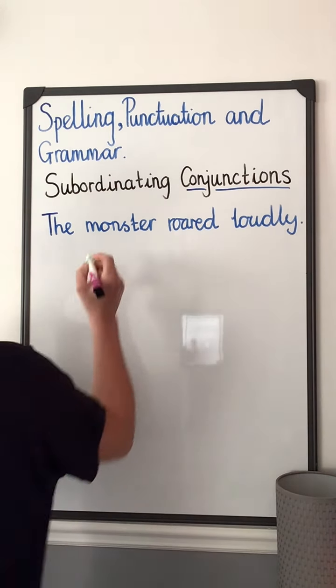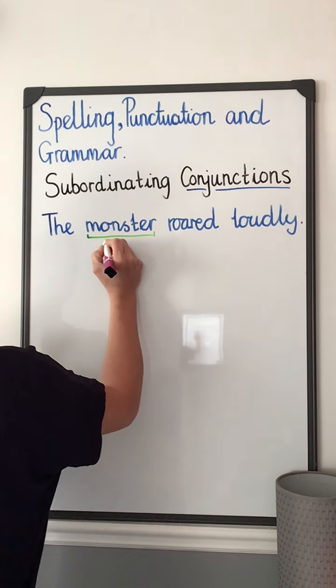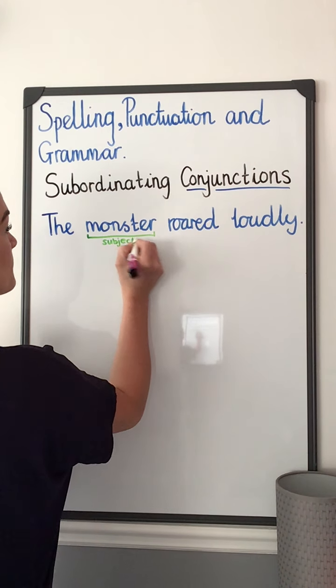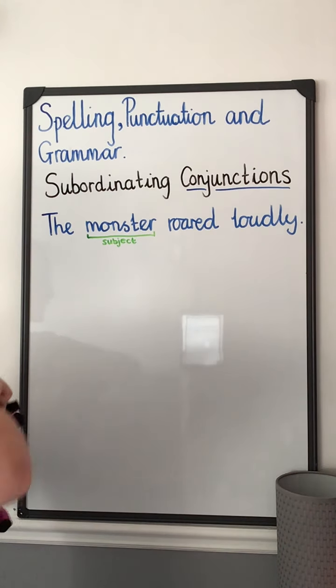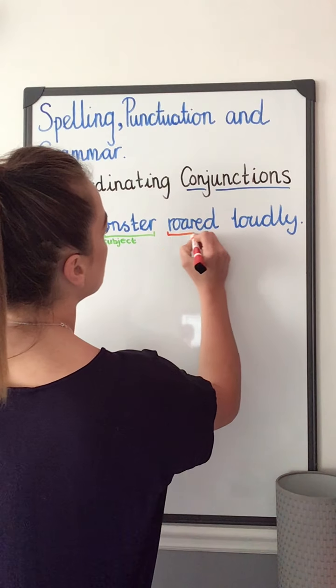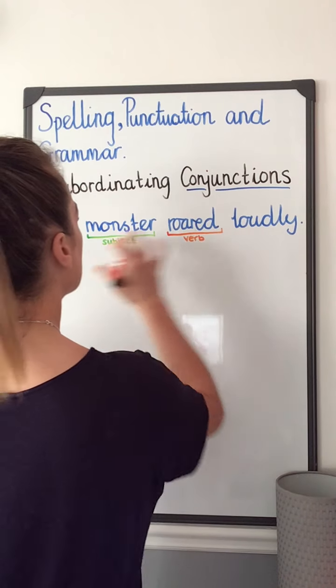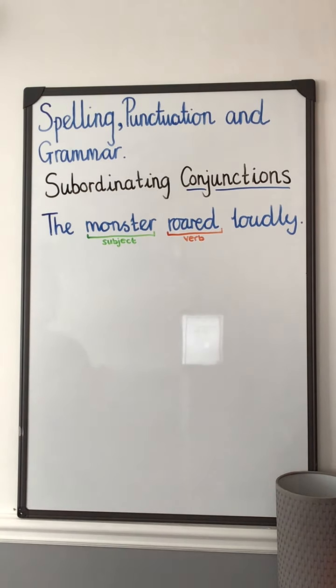We've got our subject, and that is the monster. Just write that up there so we don't forget. And we've got our verb. What's our verb? It's a doing word. Well done, roared. And this is our verb. So there we have a main clause.